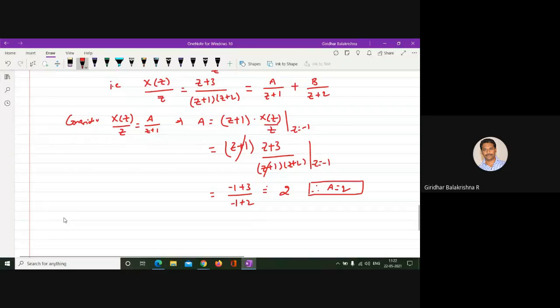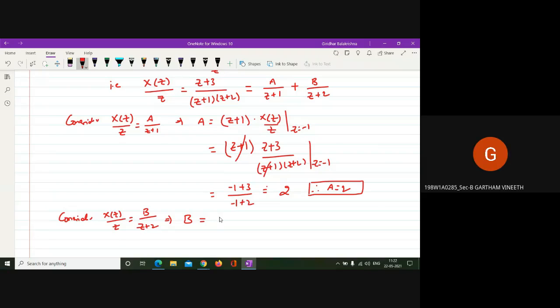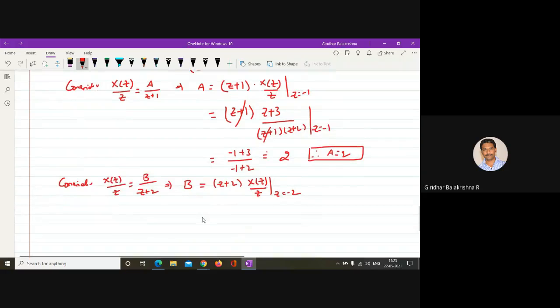Next, consider X of z by z equal to b by z plus 2. From this, b equals z plus 2 into X of z by z, at z equal to minus 2, since we are considering z plus 2.